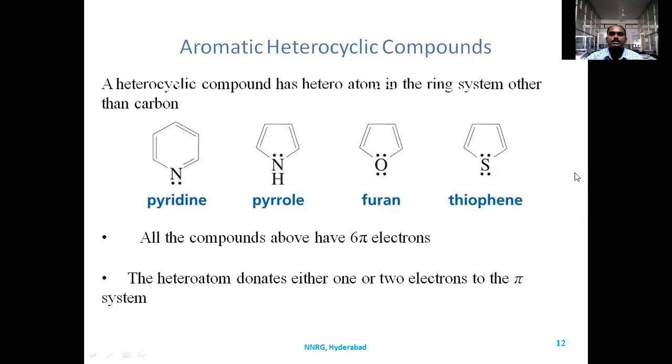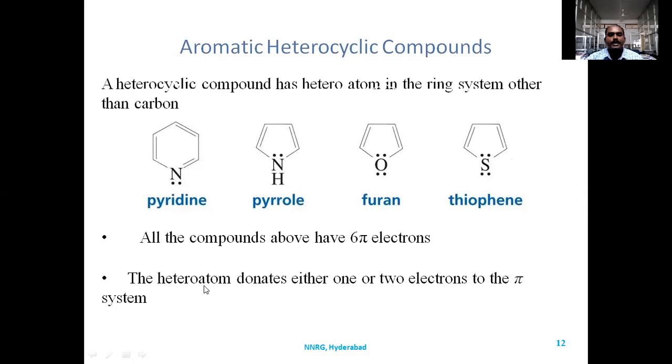These are all molecules we can see. These molecules have 6 pi electrons. If a molecule is cyclic, planar, completely conjugated, and has 6 pi electrons, then these molecules can be called aromatic in nature. We will see individually each compound whether they are aromatic or not.